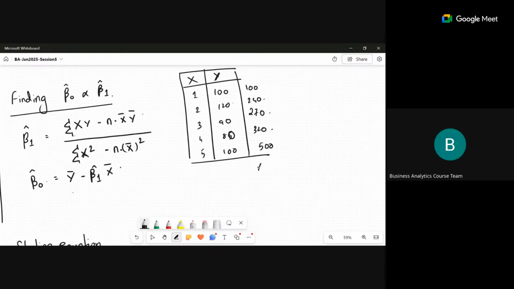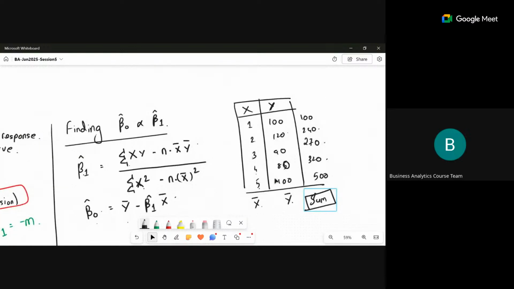The sum of these is the sum of xy. The average of the x column is x bar and the average of the y column is y bar. Just substitute all of these numbers to get the numerator. The sum of 1 squared plus 2 squared plus 3 squared plus 4 squared plus 5 squared is the sum of x squared; subtract n into x bar squared. That will give you beta 1, and then you get beta 0 as y bar minus beta 1 into x bar. Okay, super.